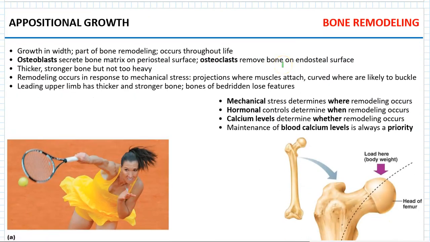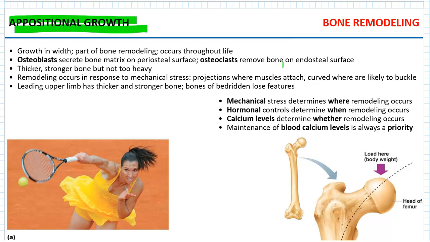Now, interstitial growth, longitudinal growth, ends. Agreed? We all stopped growing. Okay? Appositional growth never stops. So appositional growth is effectively bone remodeling, and it occurs throughout the entire life. Okay?